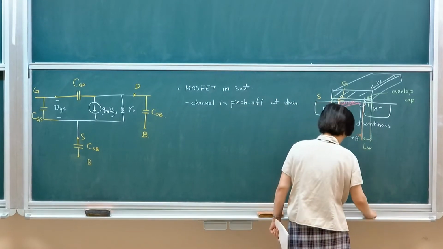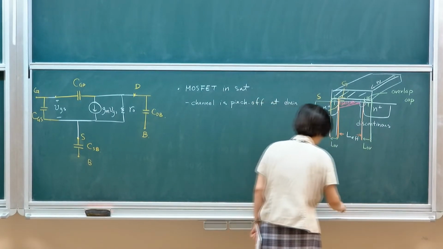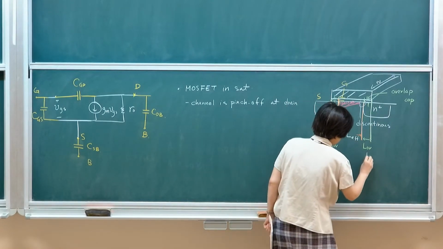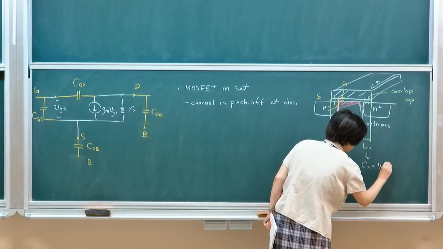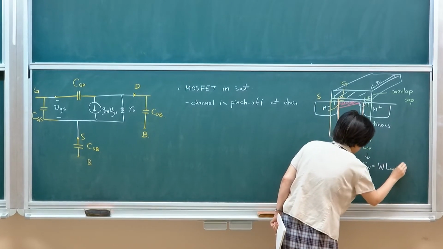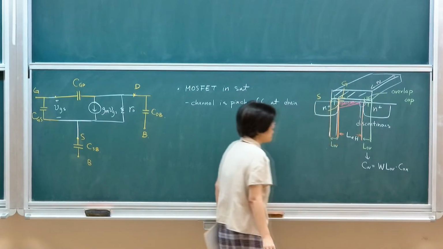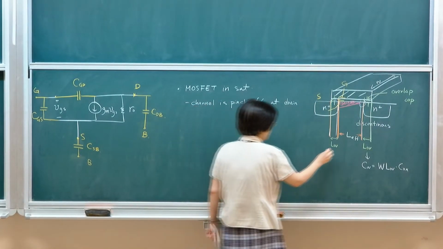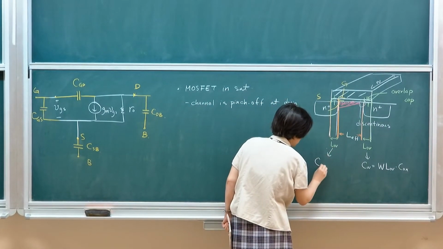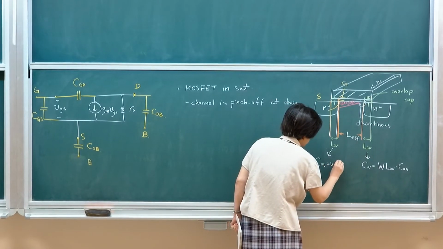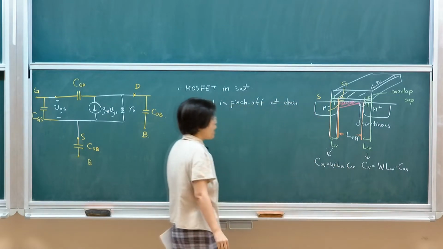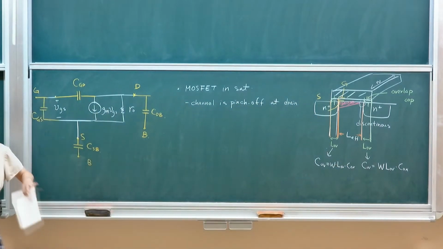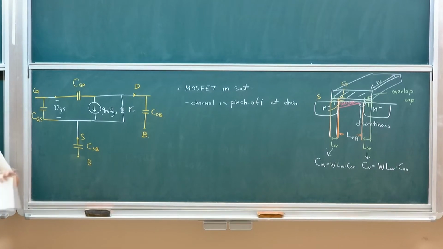So this region is defined as the overlap length. Once we have this, we can then find the overlap capacitance. The overlap capacitance will simply be the area, which is W times L overlap, times the unit area capacitance, Cox. So C overlap equals W L overlap Cox. Because the device is symmetric, the overlap is expected to be the same because they are made under the same process.